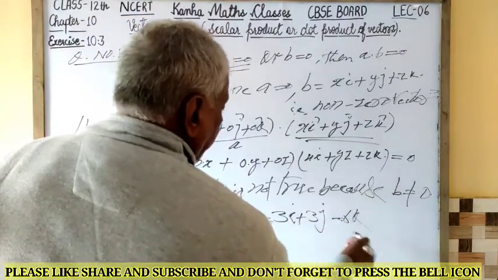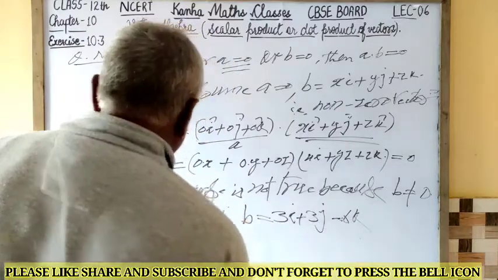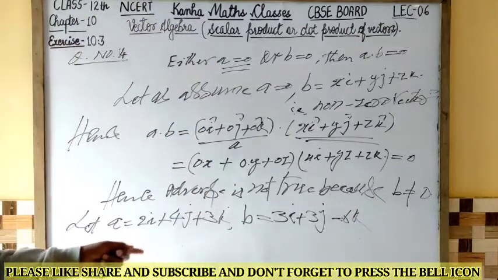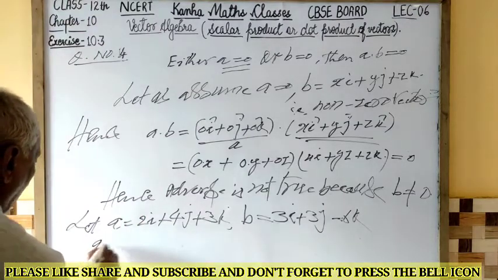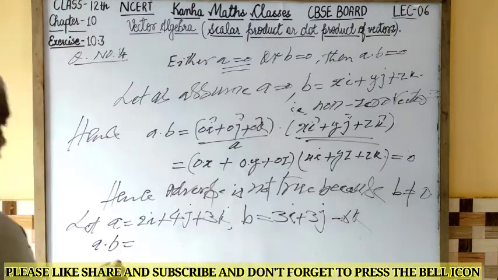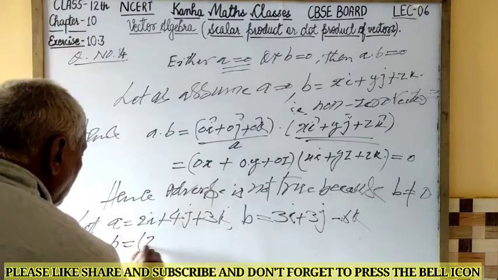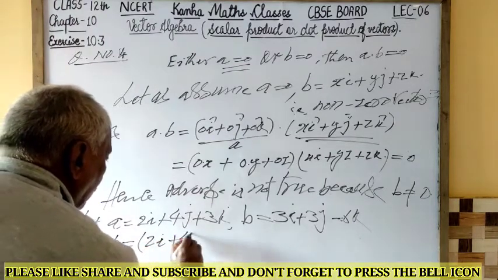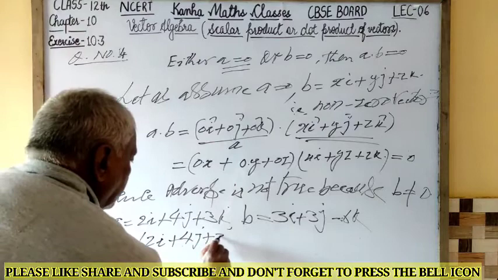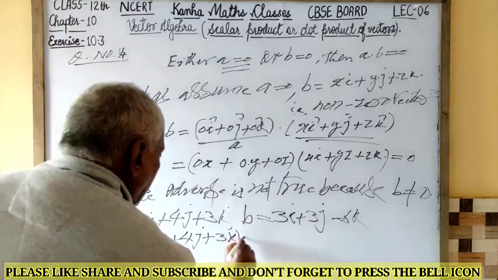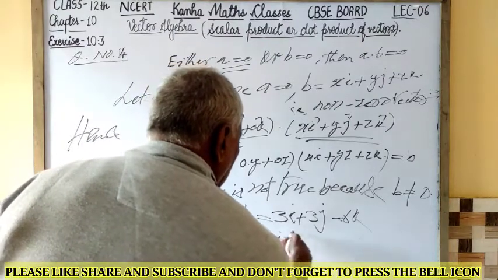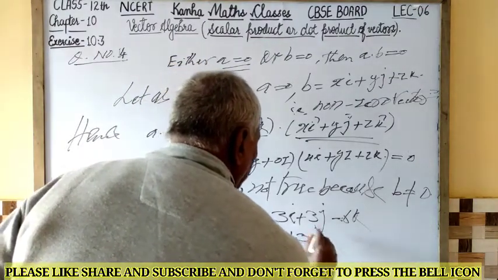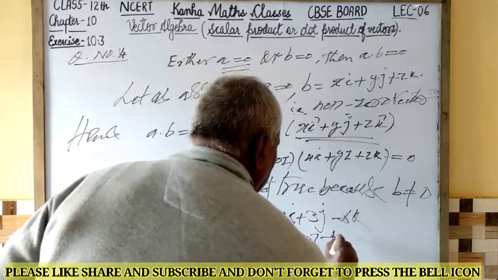We have taken an example for the vector B, and the dot product of these two, A dot B, is equal to (2i plus 4j plus 3k) dot (3i plus 3j minus 6k).